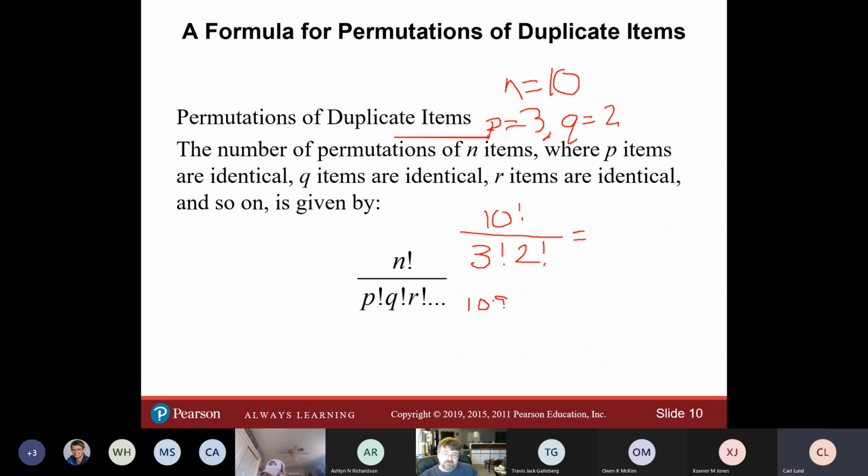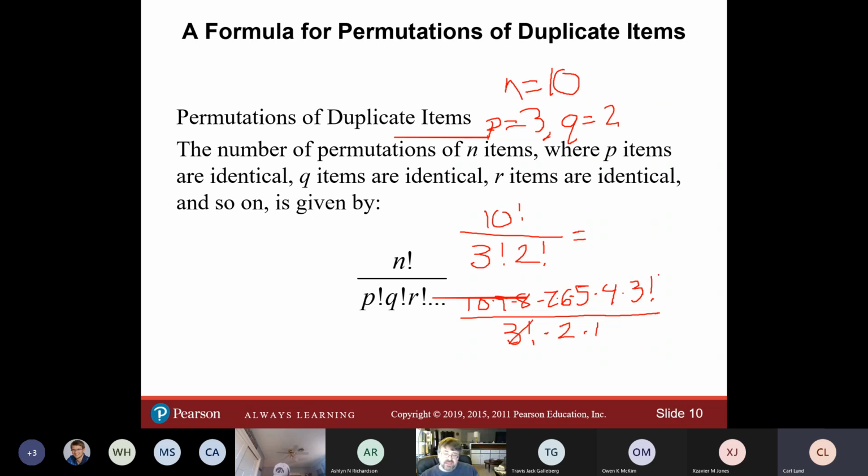And we can still simplify this the same way. It's a little bit tricky. So 10 times 9 times 8 times 7 times 6 times 5 times 4 times 3 factorial. For my denominator, 3 factorial, but then I have to write out any other factorials I have, times 2 times 1.